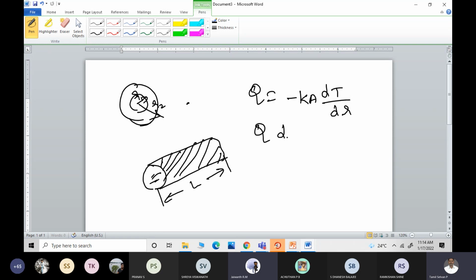Now Q dr is equal to minus KA dT. I can rewrite it like this.